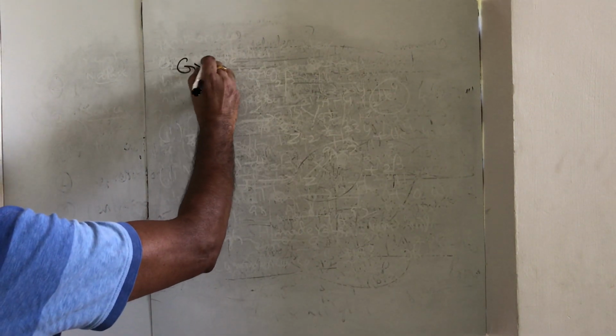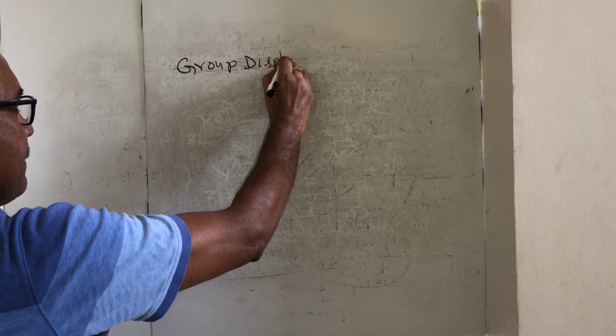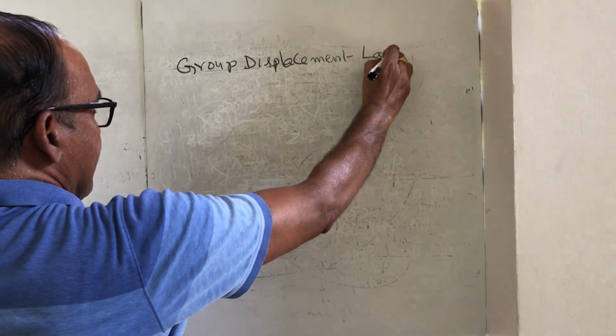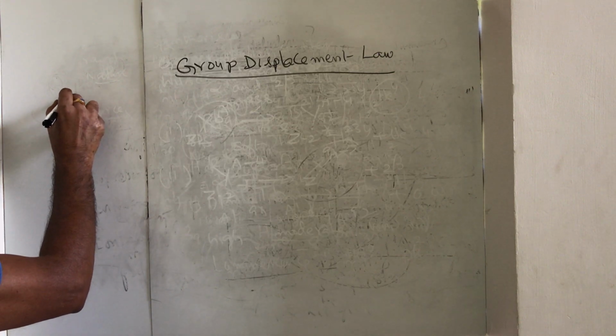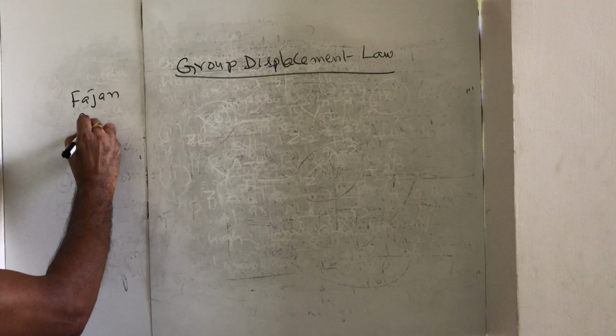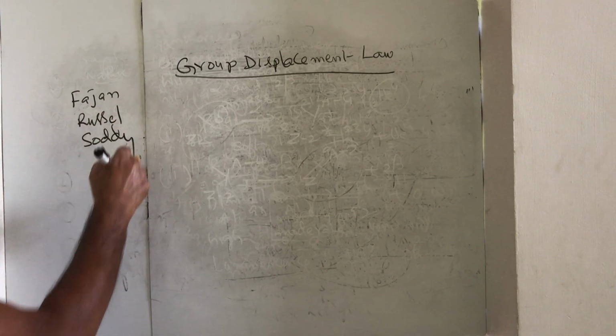Group displacement. This was proposed by three scientists, Fajans, Russell, and Soddy, independently. This is a generalization only.